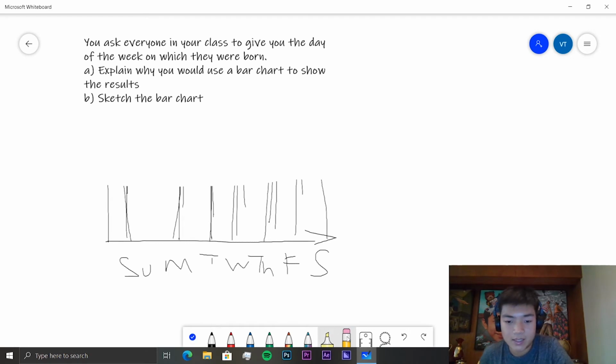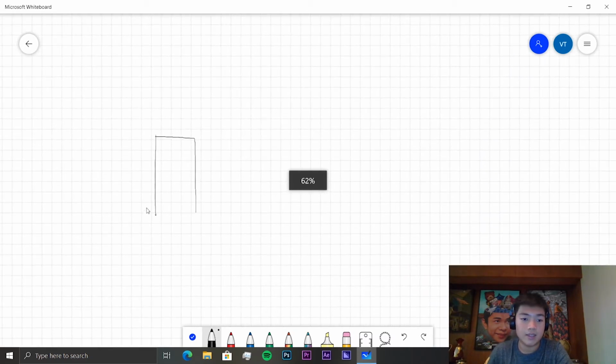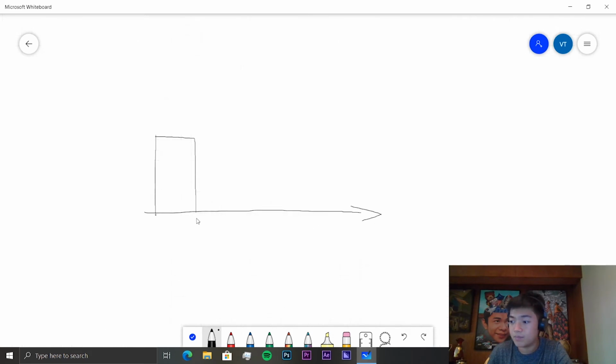Okay, now on to the next question. The next question is asking about this histogram. So we have this histogram. This is 150, 160, 170, 180, and 190.